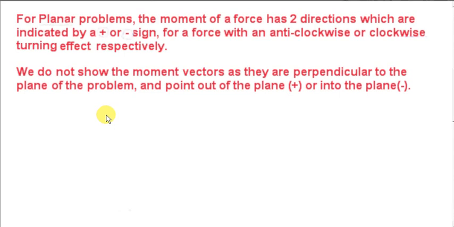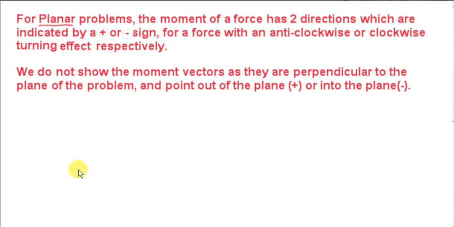Now let's consider the vector aspect of the moment of a force about a point. In this course we will only deal with planar problems. So that is problems for which all the vectors involved are in a plane, and also the object lies in a plane.